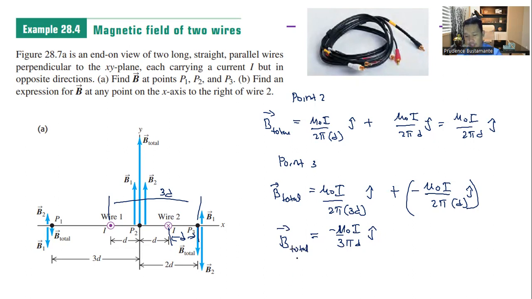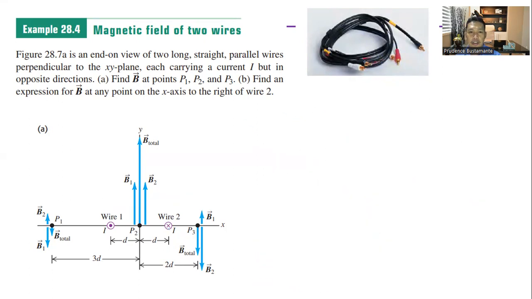So that's how you calculate the magnetic field. You can see here that computer cables, or cables from audio video equipment, create little or no magnetic field.